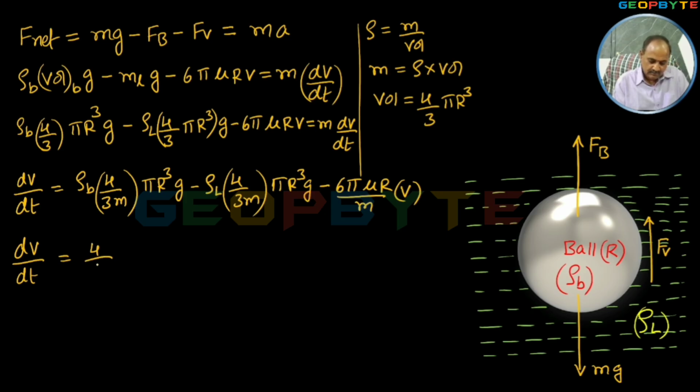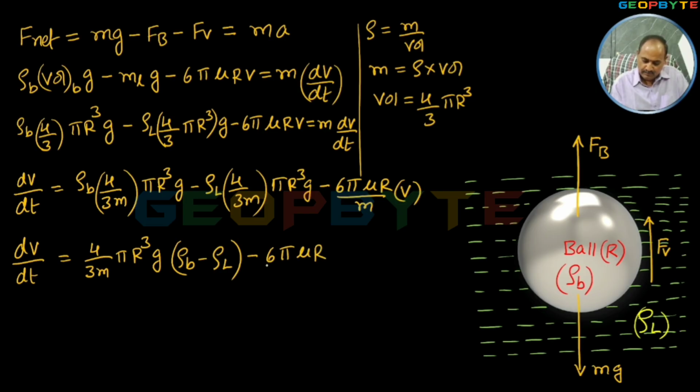Let me write the 4 by 3m pi r cube g outside, density of the ball minus density of the liquid, that is glycerin liquid, minus 6 pi mu r by m into v.